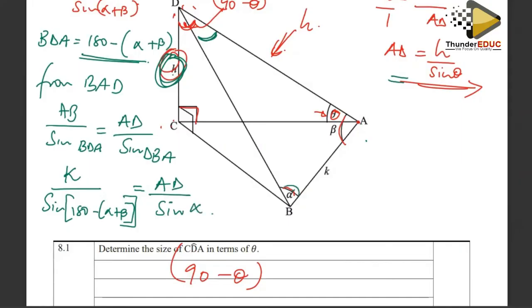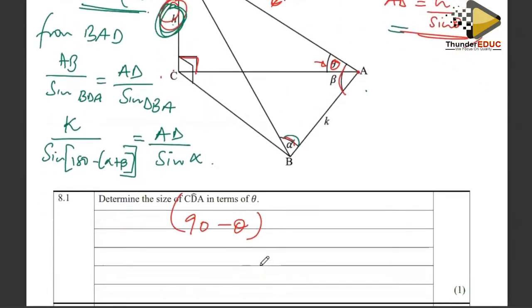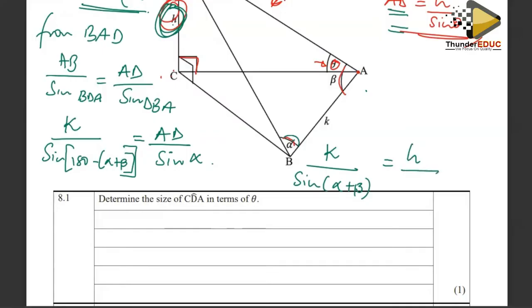Okay. Then let's do the cross multiplication and the substitution. Let me just erase this so that I have more space. So we have the k over, when we reduce this, that's gonna give us the sine of alpha plus beta is equivalent to the AD, which we already have as h over sine theta.